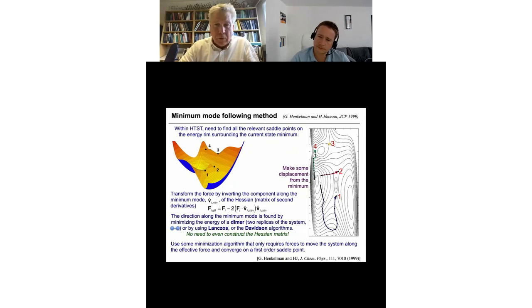So that's the idea. You're climbing up the energy surface, starting with some different random displacements. We have to do some sampling here and try to sample saddle points around the minimum. Now you might immediately object and say, well, how do you know whether you found all the relevant saddle points? And there's no guarantee. Just like when you're doing a minimization and you find local minima, you never know whether you found the global minimum, right?